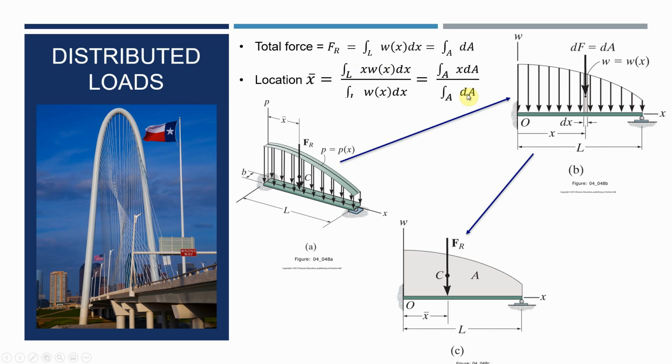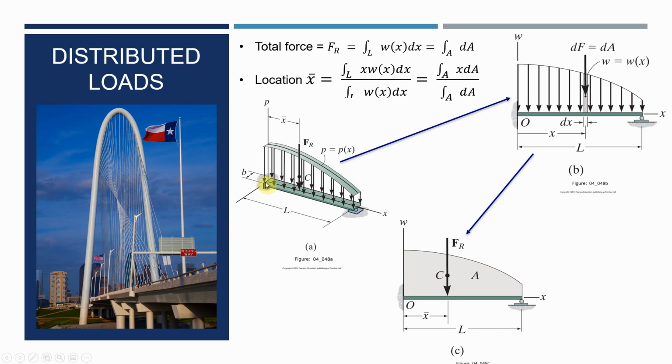And if you remember, when we replaced a force and a moment with a single force acting at a single point when the moment and force are perpendicular, well, that's the case we have here. The moments are all perpendicular to the force.